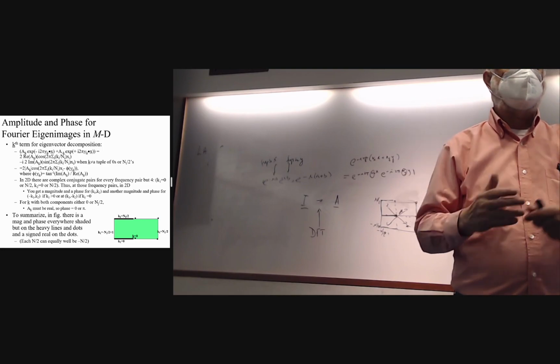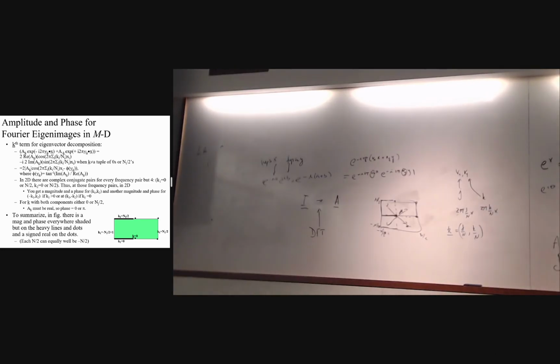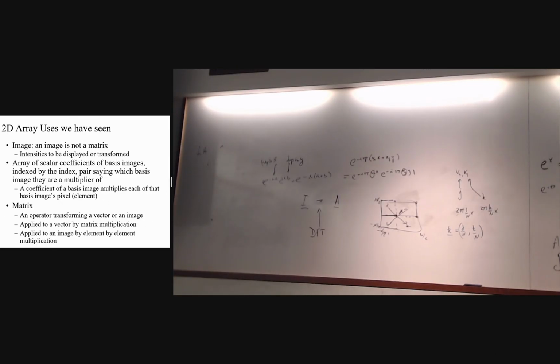If you think that's painful, we get one more set of pain to communicate. But before I do, I want to make a very important point, which is indicated in this slide. We've been dealing with image arrays, right? They are an n by n array. But we're going to use the term matrix for something that's an operator, applied to vectors or applied to images.